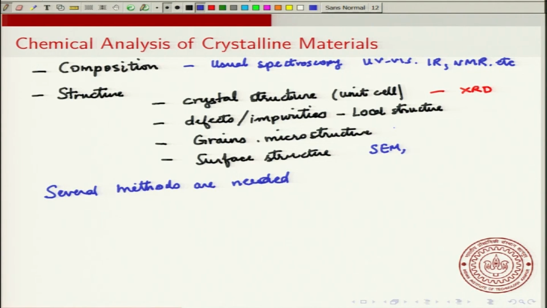For grain microstructure, you might use again SEM, TEM, etc. We'll talk about all these microscopic techniques. This is scanning electron microscopy, transmission electron microscopy. You can also use scanning tunneling microscopy, STM. I'll come back to all these as we go along.